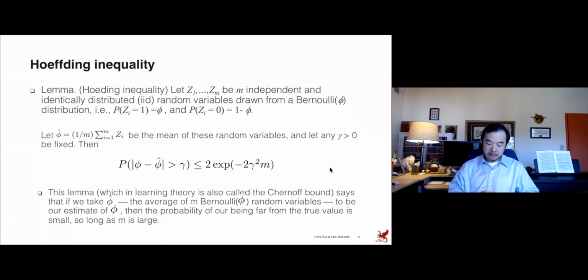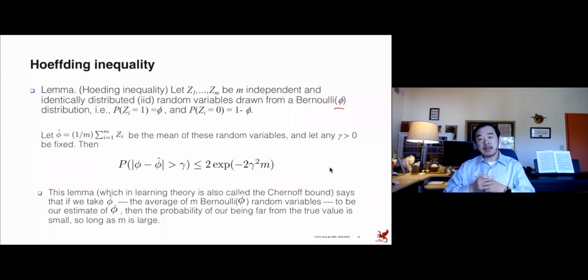So imagine you have a binary event, say a coin toss, or a classification error with binary outcomes, and it has a probability of phi, for example. This event is a Bernoulli event.